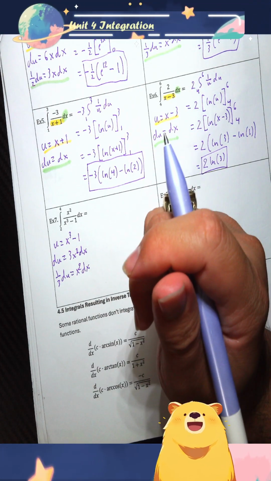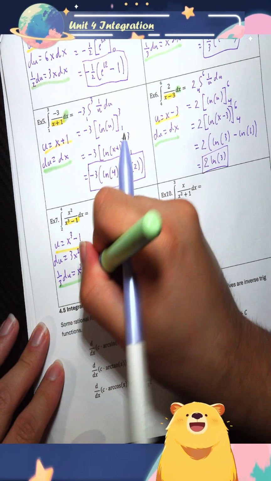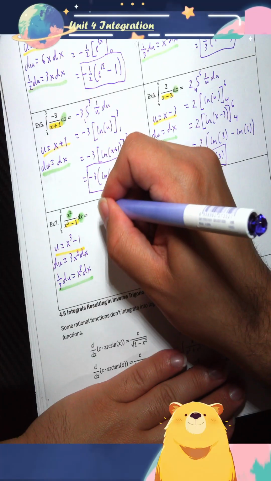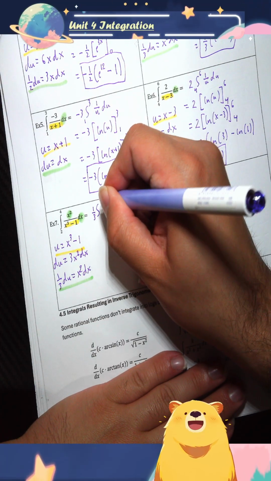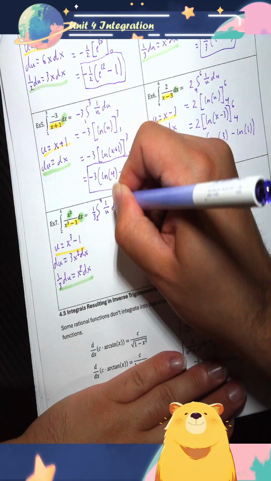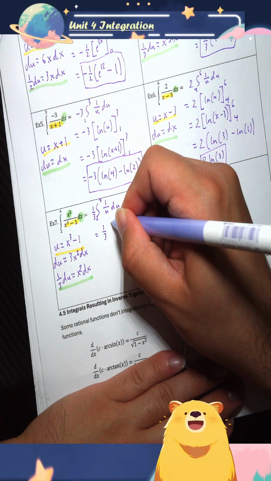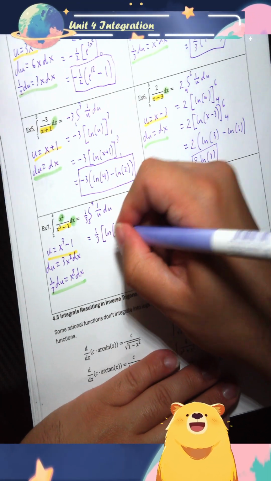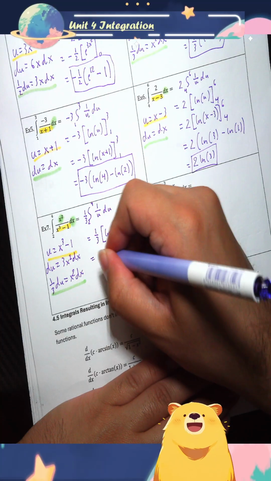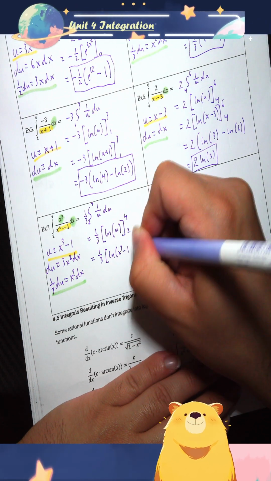Then from here, we can replace this whole bottom part, and replace this and this with 1 over 3 du. 1 over 3, going from 2 to 4, of 1 over u du. We know that's just going to be 1 over 3 ln of u, from 4 to 2, and then we plug u back in: x to the power of 3 minus 1.